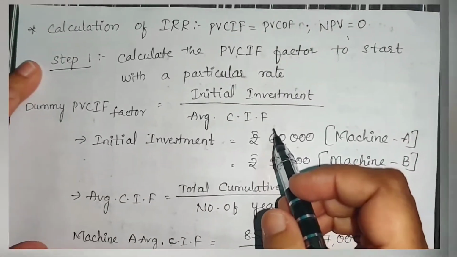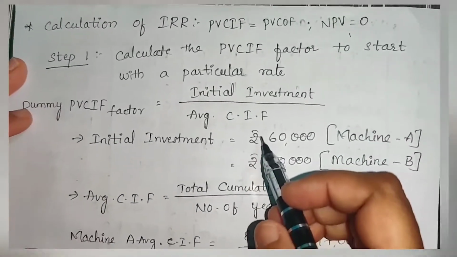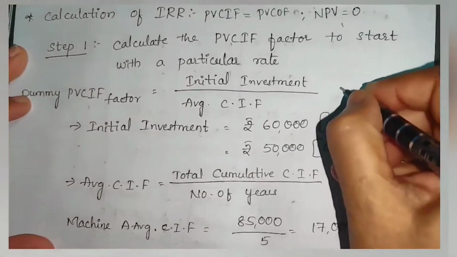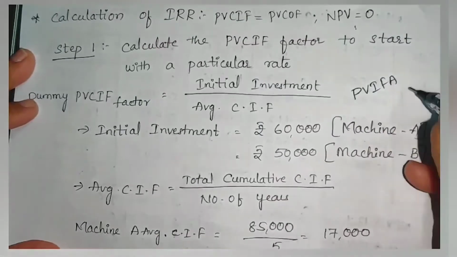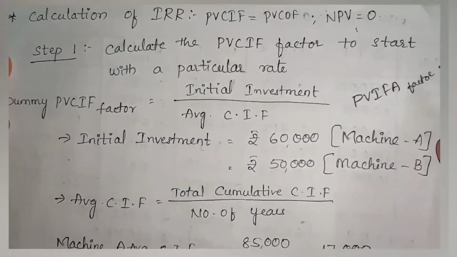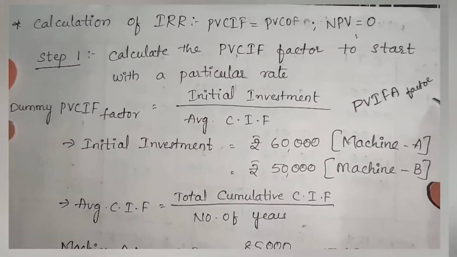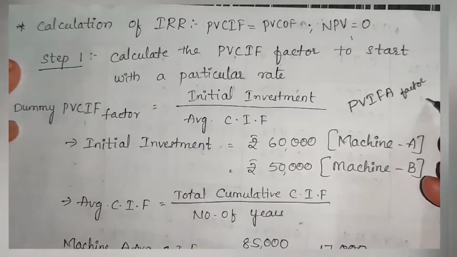In step 1, I am calculating a dummy present value cash inflow factor, or this is also considered a PVIFA factor, a dummy PVIFA factor. In some books you may also find it as dummy payback period or dummy factor.